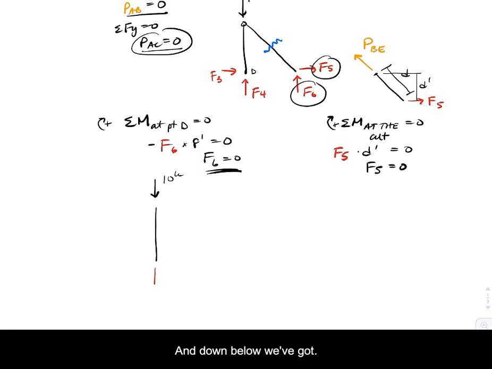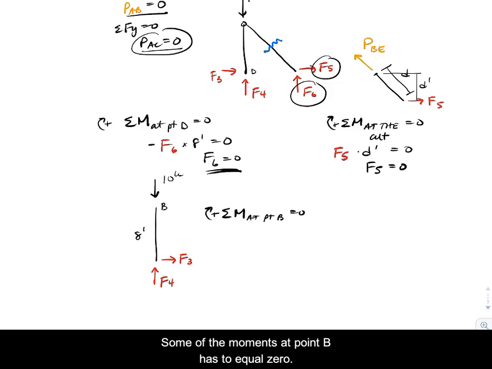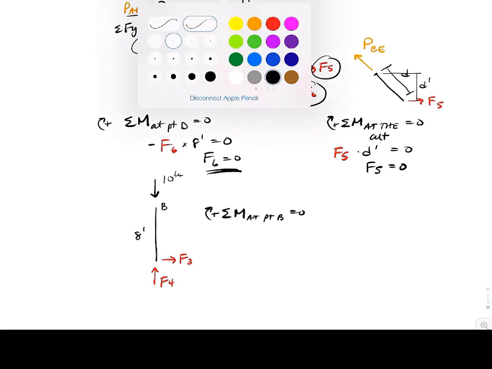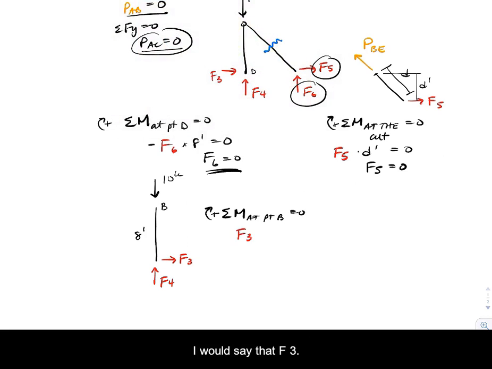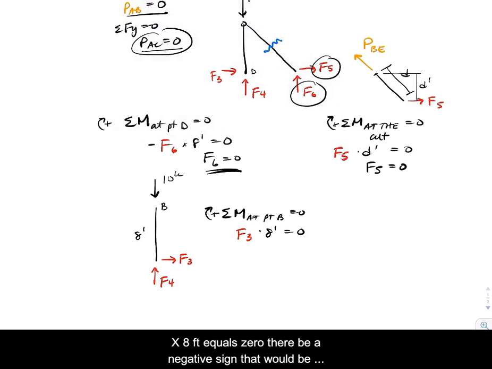And down below we've got F4 and F3. And so I can sum moments, and I'm going to do it up here at B. That's 8 feet. Sum of the moments at point B has to equal 0. That would say that F3 times 8 feet equals 0.